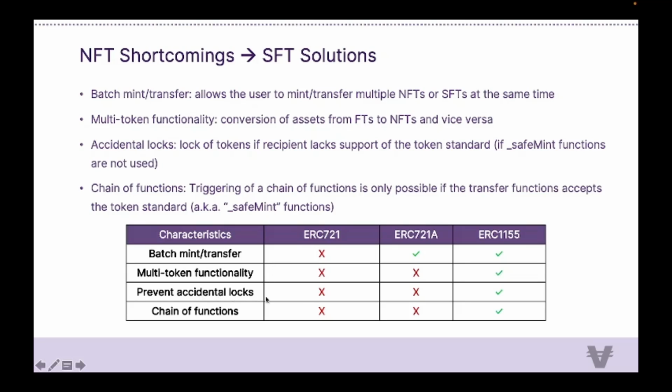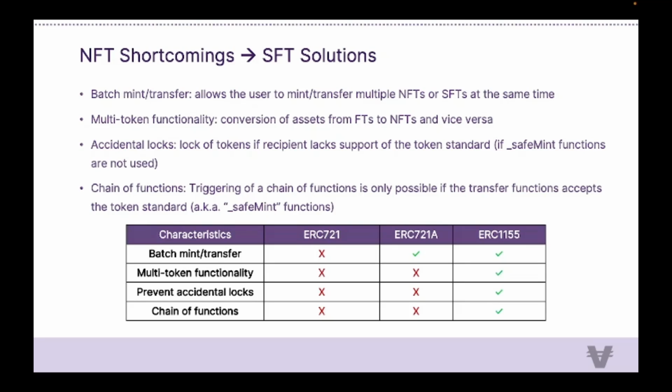Then the accidental locks, that is something that can happen if you send your NFTs to a contract address or another, just a regular account that does not support the ERC 721 or 721A tokens.